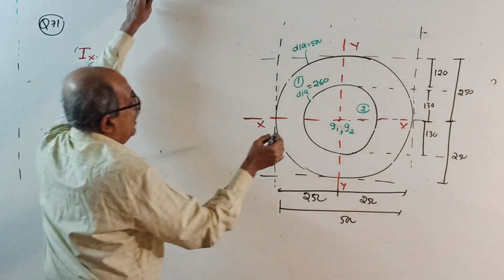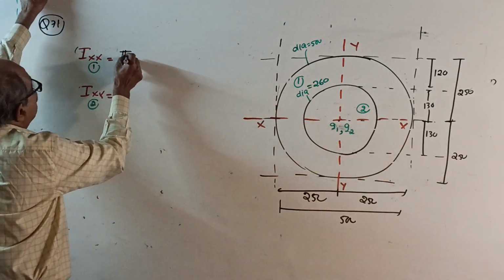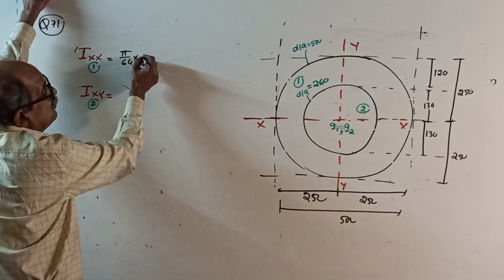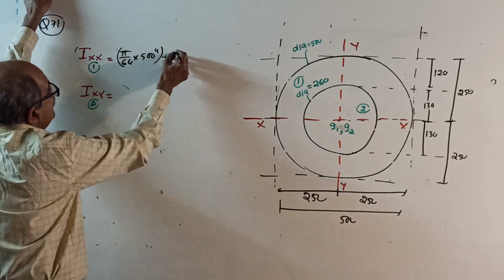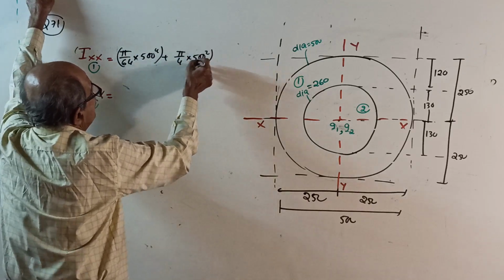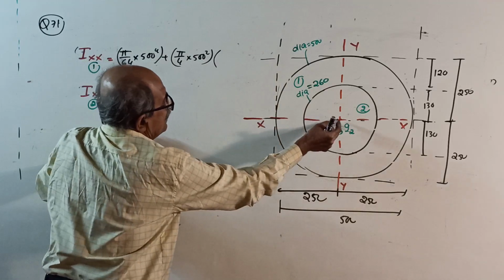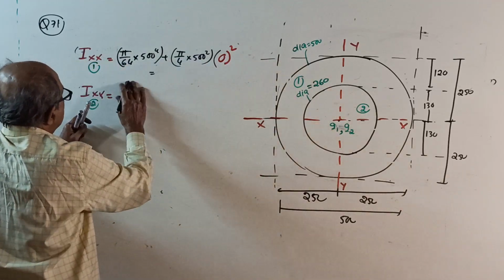See here, I about its own centroidal axis: pi by 64 of 500 power 4, that is Ig, plus area, pi by 4 of 500 square, into the centroid lies on xx, so 0 square. Calculate the answer.